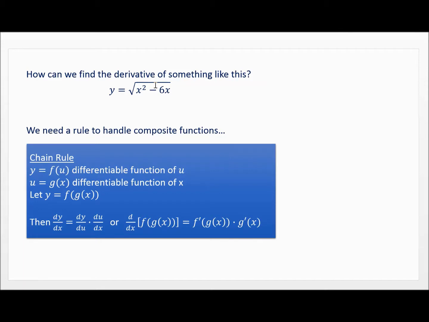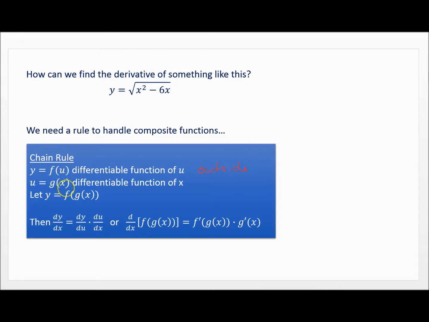So the chain rule, if you have y equals f of u, just some function that has a function inside of it, and u is equal to g of x. So another way to say that would be f of g of x, like we have here below. Now a couple of things are important. The f function, which I call the outside function, I'm going to go ahead and start using that idea. The f function is the outside function.